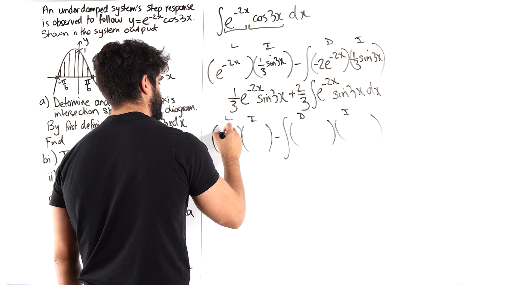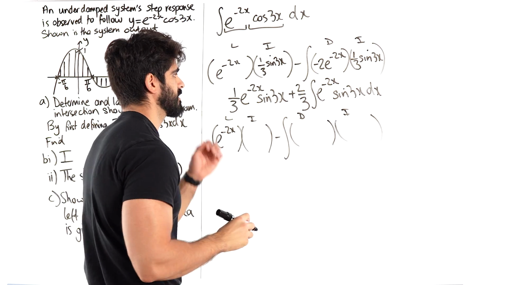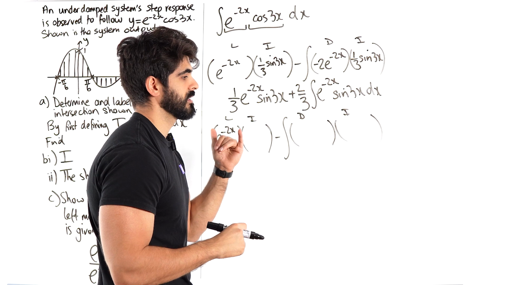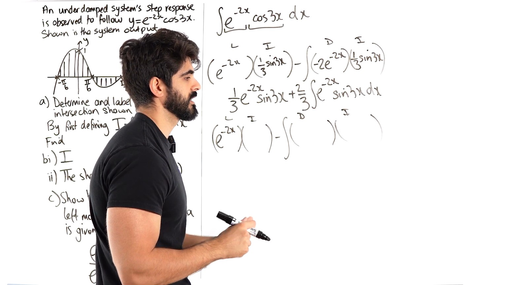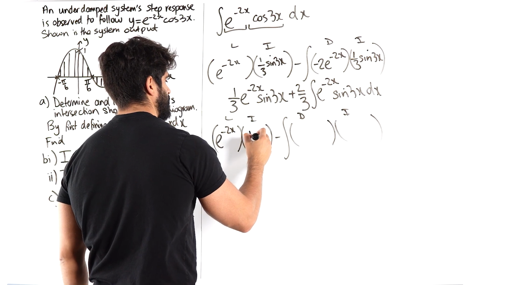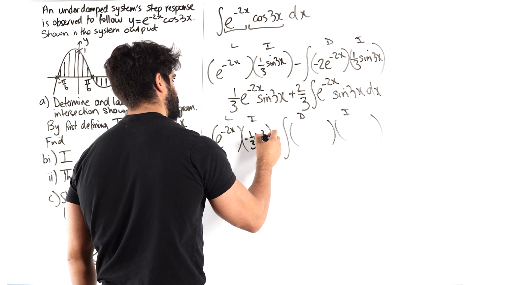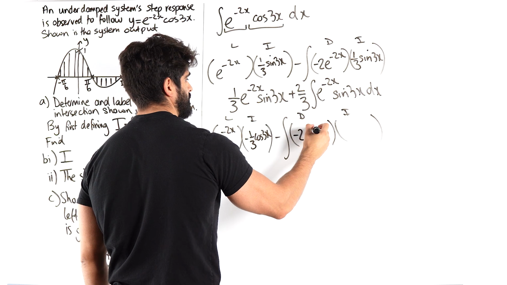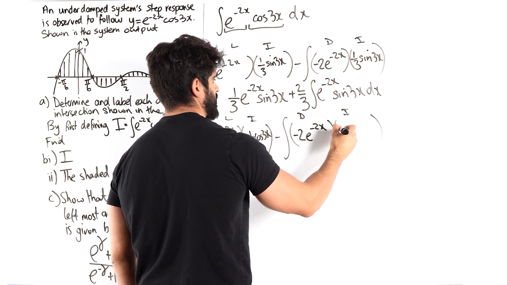Leave the first term, integrate the second. So we guess cos 3x goes to minus 3 sin 3x, so minus a third cos 3x, minus, differentiate this, minus 2 e^(-2x). These two brackets are always the same.